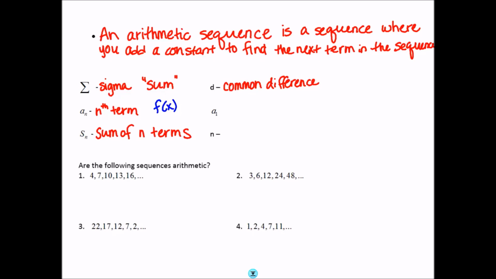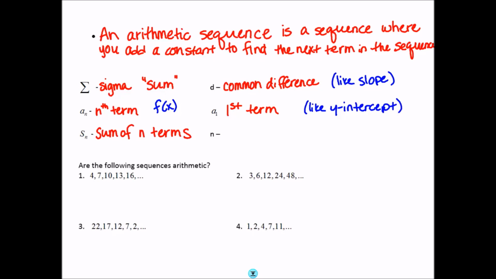This is very similar to slope when we talk about linear functions in Algebra 1. A1 is the first term. So it's similar to the y-intercept. Again, when we're referring to linear functions.